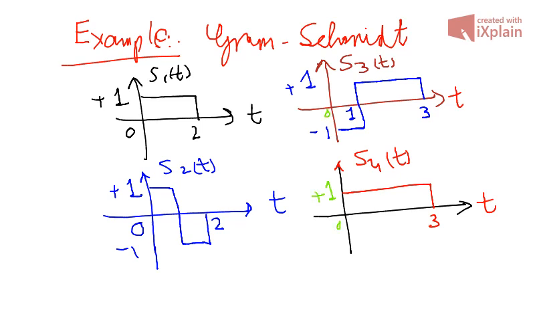Here also we have a 0. So we have these 4 signals, and we would apply the Gram-Schmidt procedure over these signals to get the orthonormal signals, orthonormal waveforms, right?